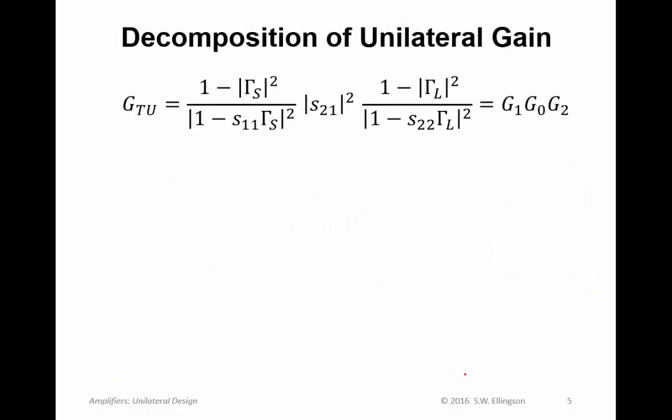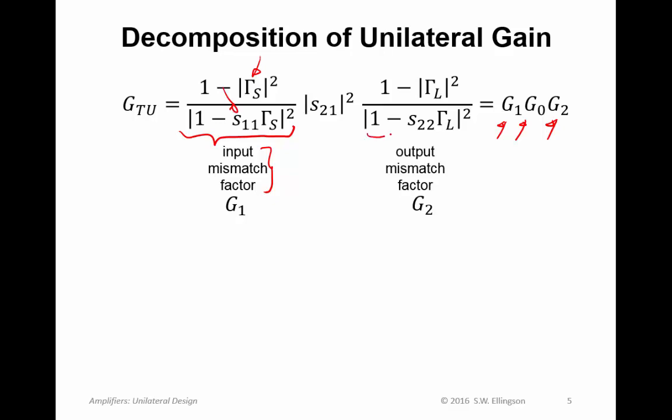So we can take advantage of this factorization of the transducer power gain and write this in terms of these factors as shown here. The factor G sub 1 is this one, and we can refer to this as an input mismatch factor because it's describing the effect of the input mismatch on the total gain.